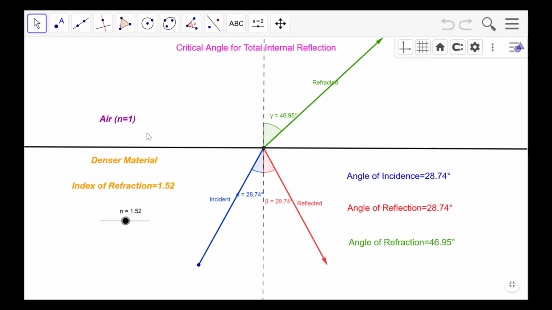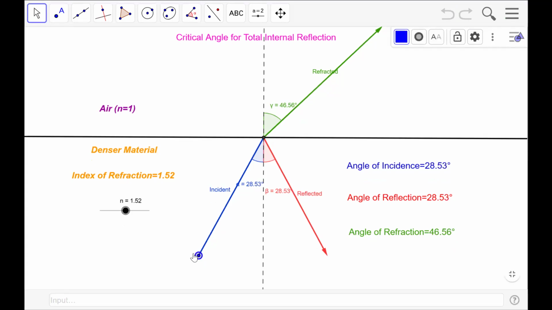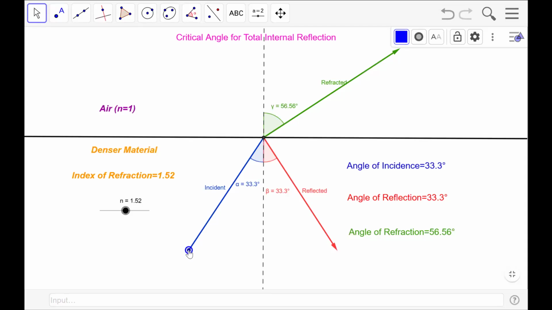Okay. So now, first step, the incident ray. So here it is 33.3 degrees, which is the angle of incidence. The angle of reflection, that is in red color, will be the same as the incident angle.